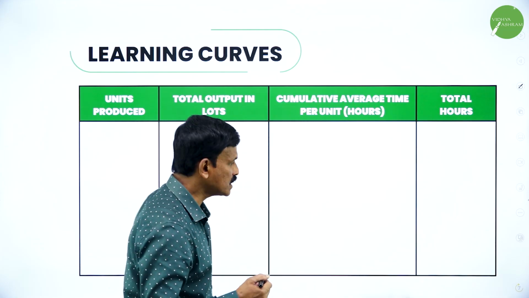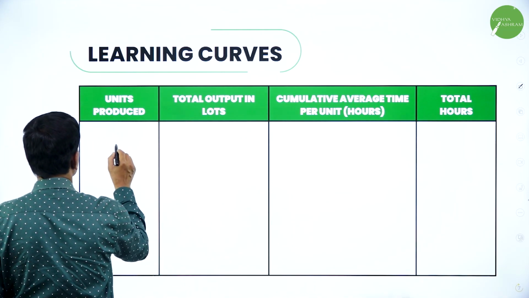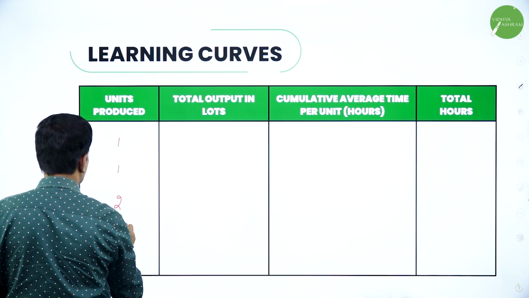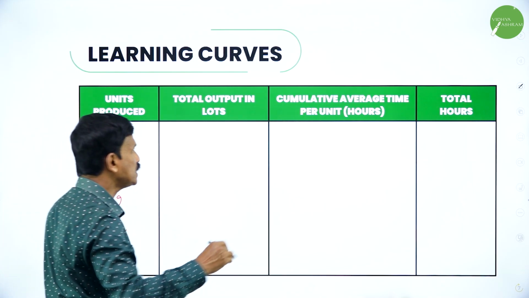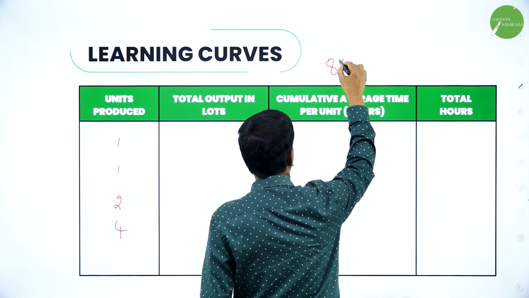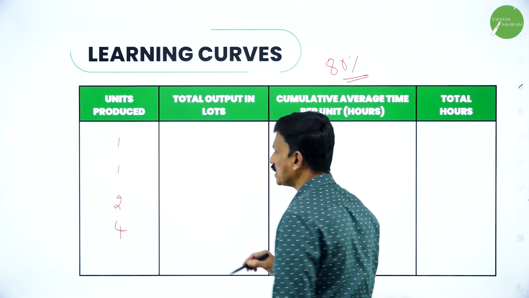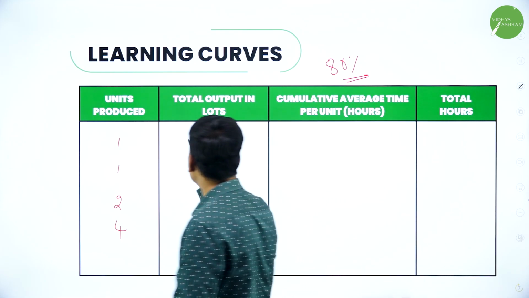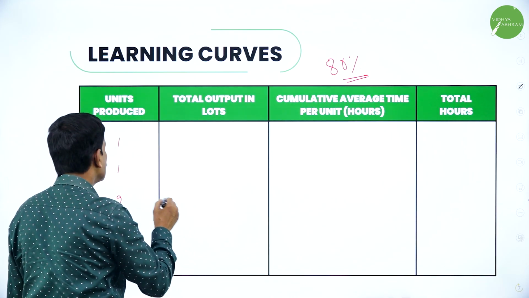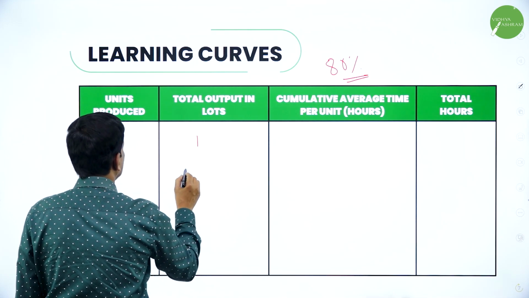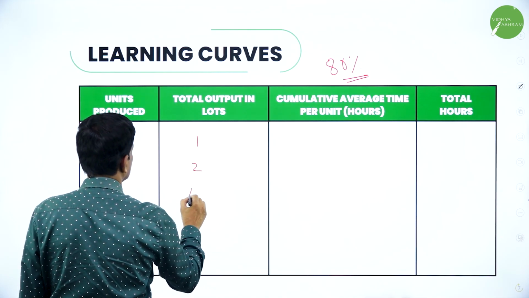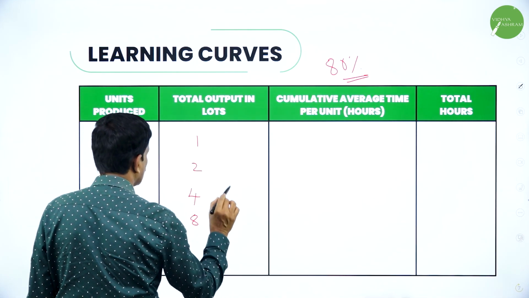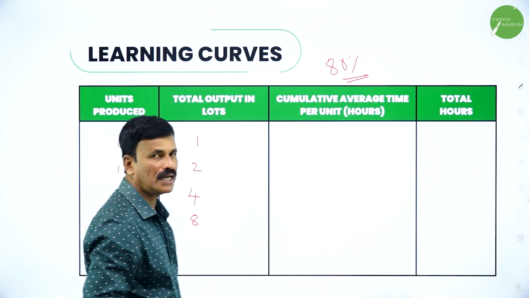So for 80% of the learning effect, the units produced are 1, 1, 2, 4. Now this can be written as total output in the lots: 1, then 1 into 2 is 2, 2 into 2 is 4, 4 into 2 is 8. So 1, 2, 4 and 8.